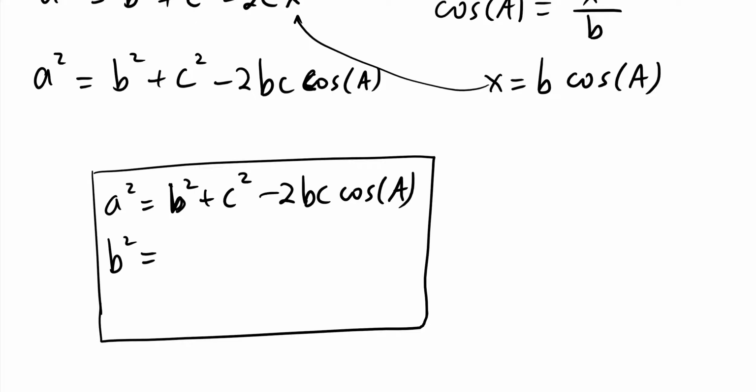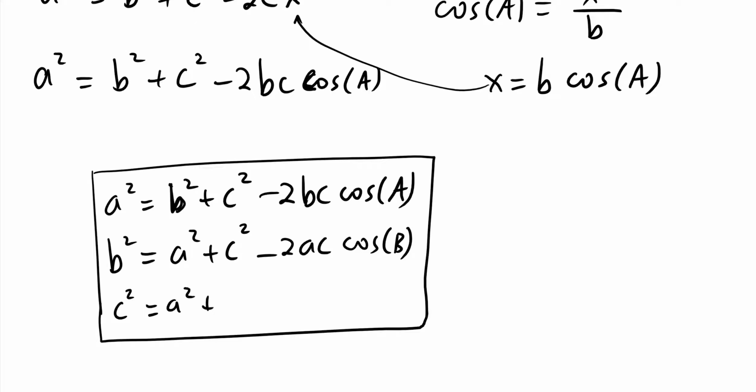If you drop a height on a different side, you get a squared plus c squared, like the Pythagorean theorem, minus 2ac cosine B. Or if you want to start with c squared, that's a squared plus b squared minus 2ab cosine C. Notice a is facing A, b is facing B, c is facing C. So that always matches this way.